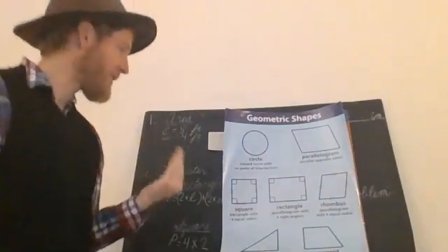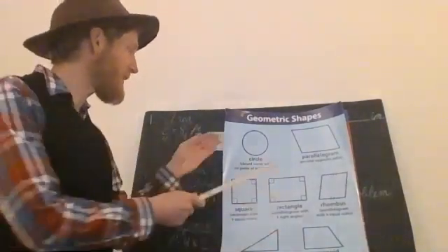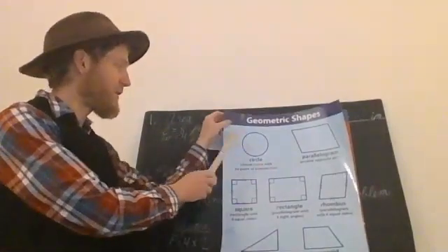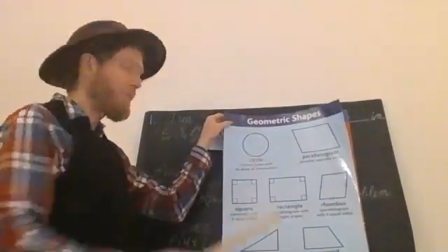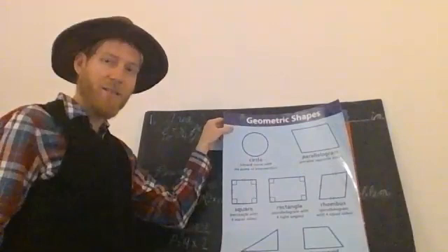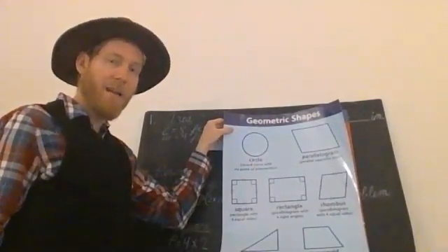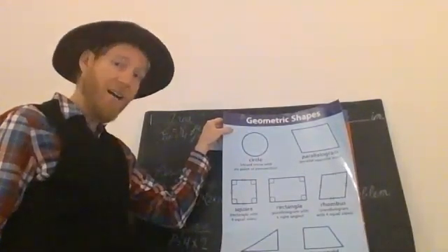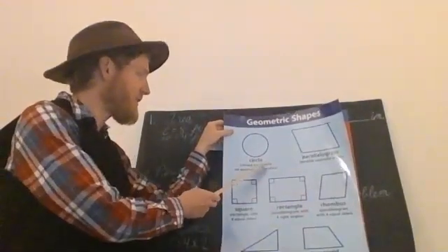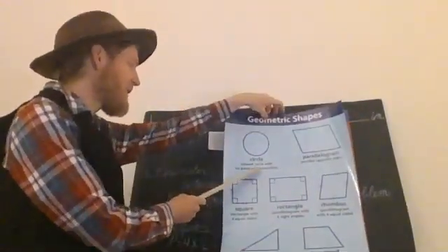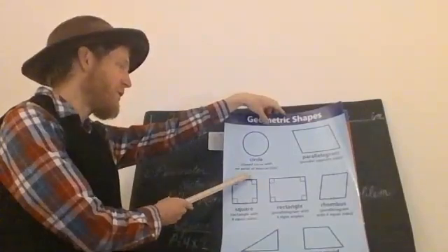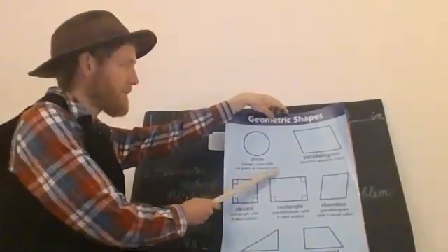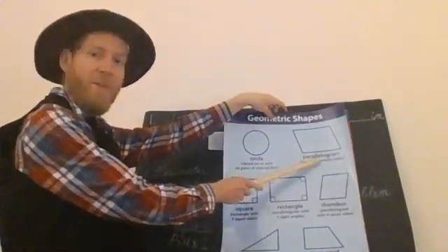These are particular kinds of polygons, with the exception of the circle. It is a shape, but it doesn't have line segments, does it? It doesn't have sides. So this is the circle, of course, and it is a closed curve with no point of intersection.